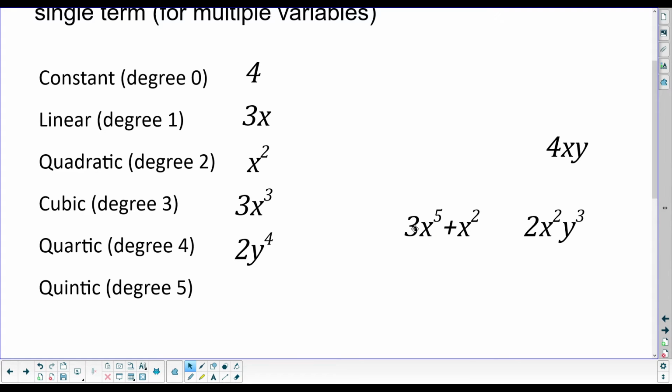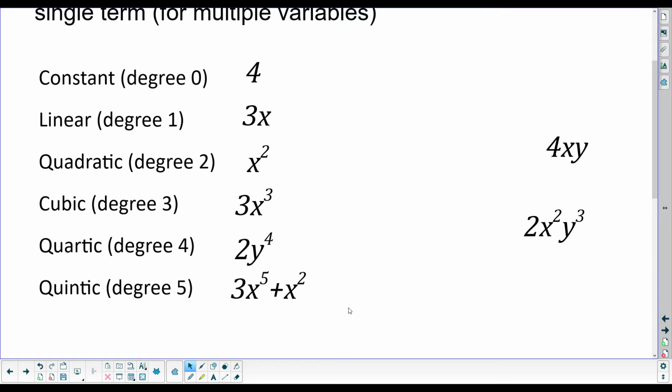And because we're not multiplying these together, we look at the degree of the largest exponent. The largest exponent. So this is going to be x to the 5th. Okay, so this is a quintic polynomial, and this is actually a quintic binomial. Quintic binomial. Okay, it has a quadratic term, it has a quintic term.